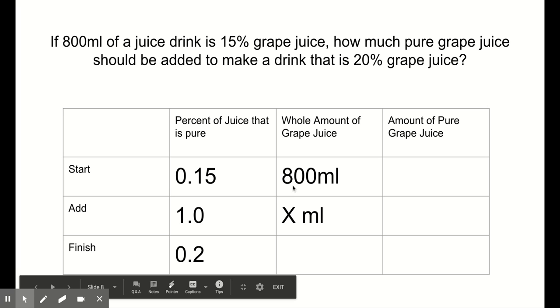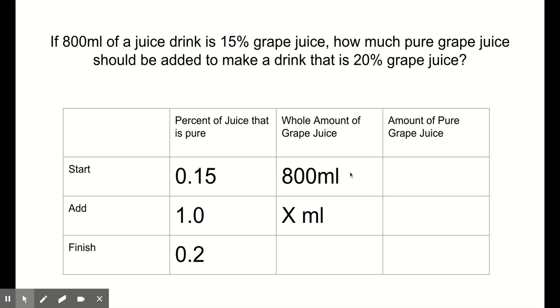So what's the first thing in here? In this case, if we have 15% grape juice here, we multiply that times 800. That's going to give us the amount of pure grape juice that we have here. We multiply those two numbers together. Remember that we multiply these across as we're going here. We can also multiply these two across.